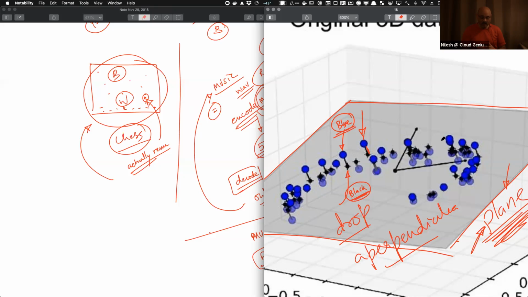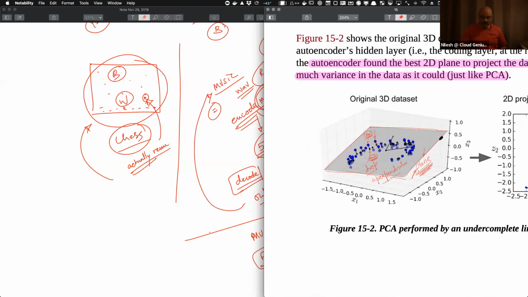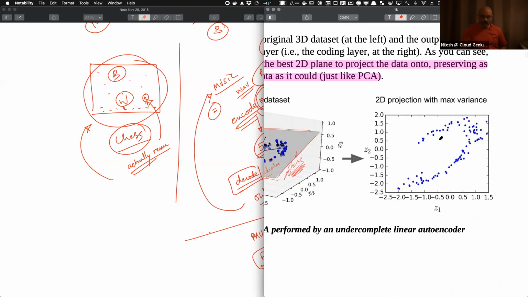Blacks are the corresponding dropped perpendiculars on the imaginary plane that we want to find out. So there will be some plane which will be the optimal plane, which minimizes the error function. And while doing that, what we really accomplish is a plane in 2 dimensions, which is the imaginary function. So if you look at this plane that we're looking at, that's the same plane here.